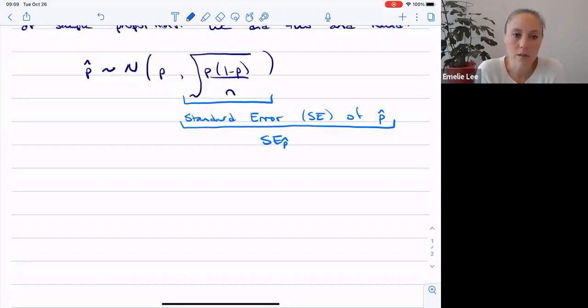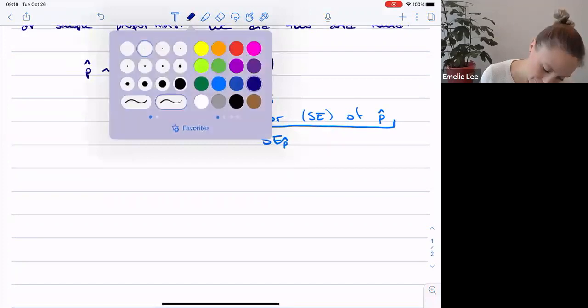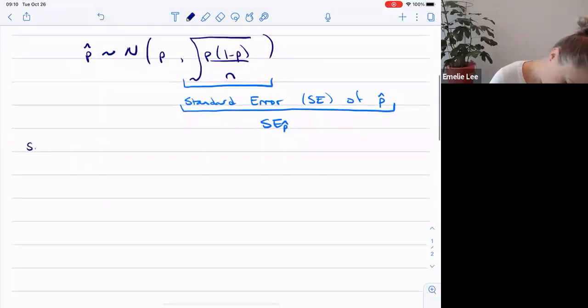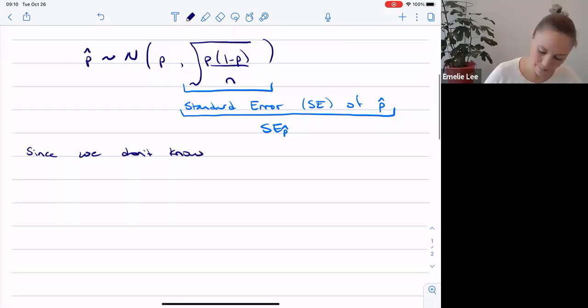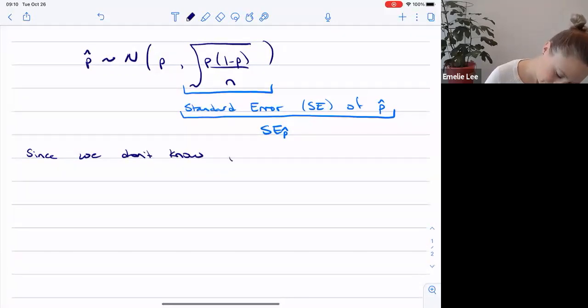The problem is that we don't know what p is. We don't know what the population proportion is. And so in our calculations, we're just going to replace it with p hat. Since we don't know p, we use p hat instead for an estimate of the standard error.